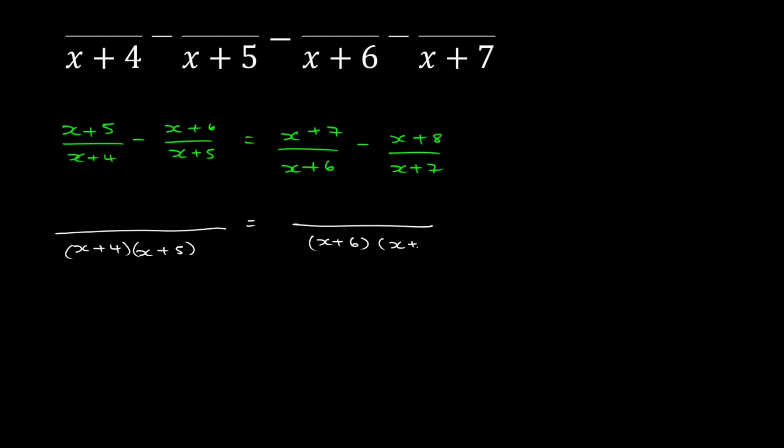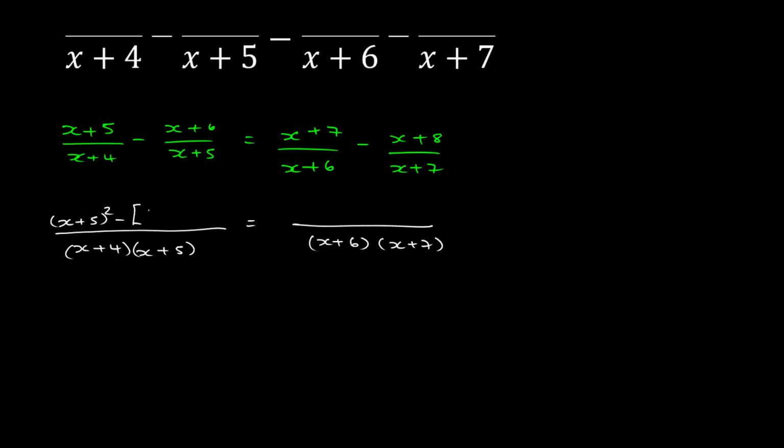Okay, great. So let's carry out the operation, and we would be left with, well, here x plus 4 would cancel. We would have x plus 5 all squared minus, let's use a big bracket for this side, x plus 6 times x plus 4.